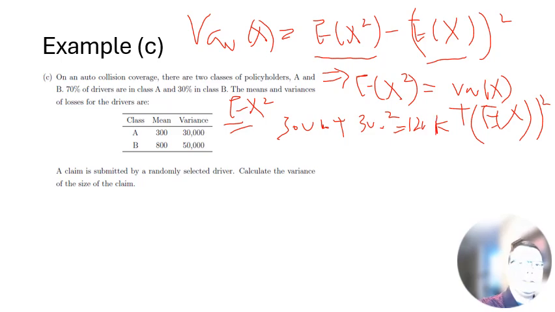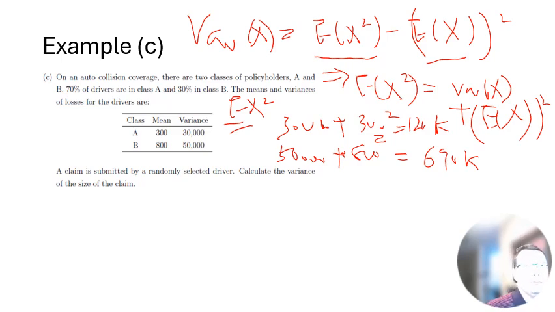And the second one similarly: 50k plus 800 squared, which is 690k.